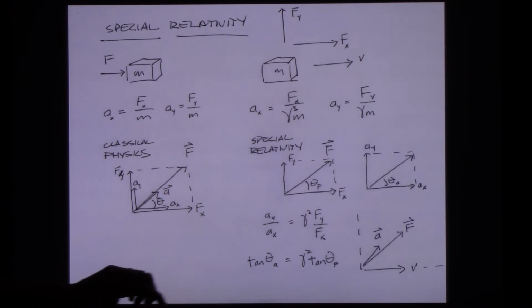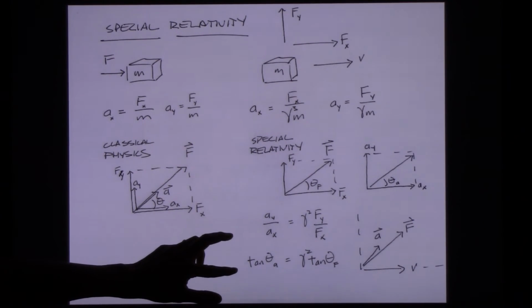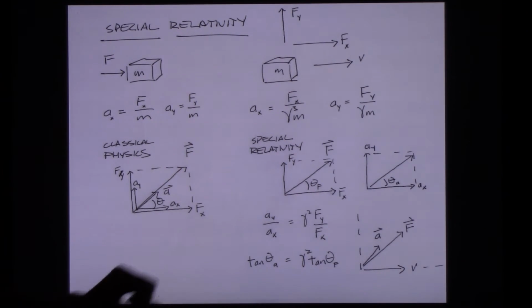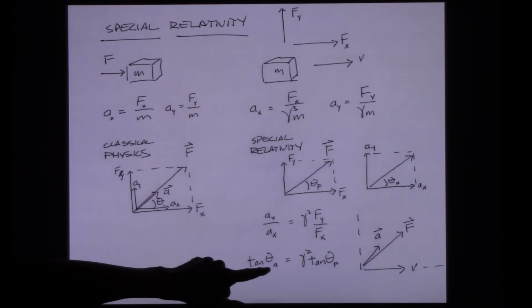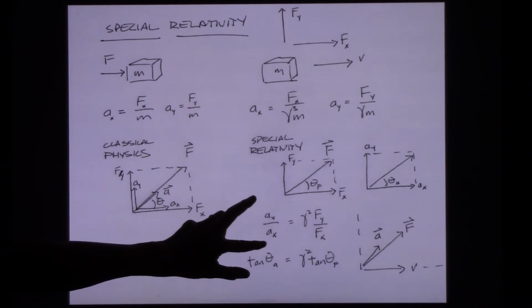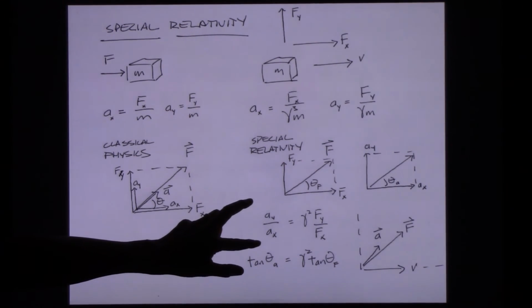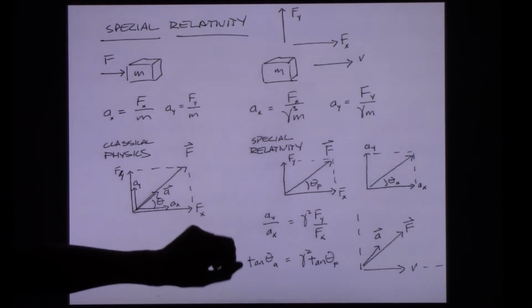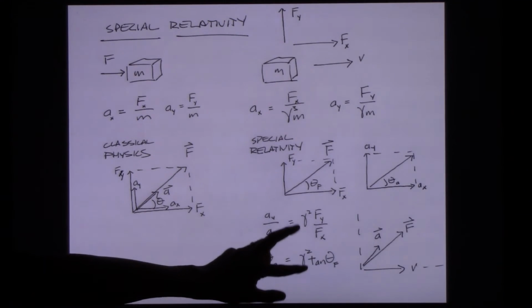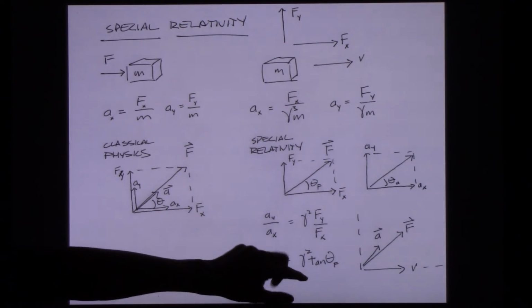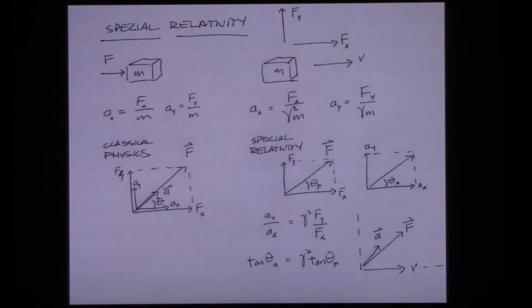In fact, what we can do is define an angle. What we can say is that the tangent of the angle of the acceleration, which is the ratio of components, is equal to gamma squared times the ratio of the forces, which is the tangent of the angle of the force. So kind of interesting.